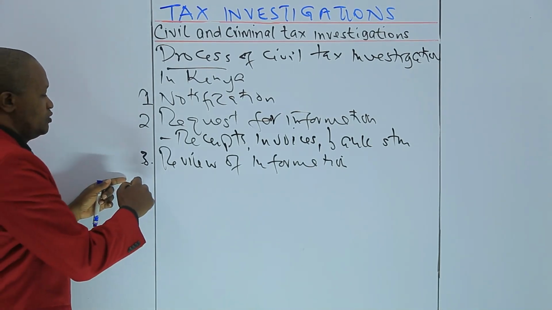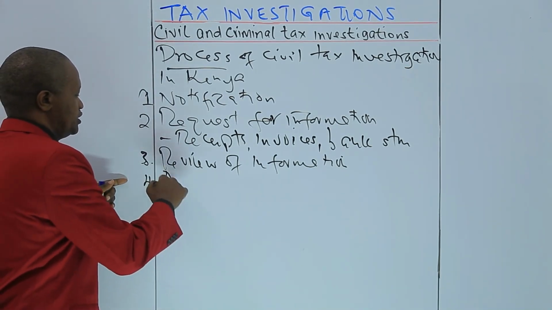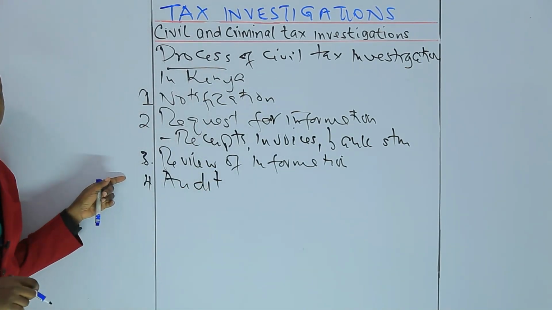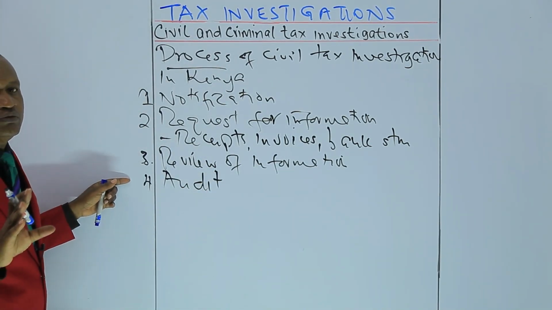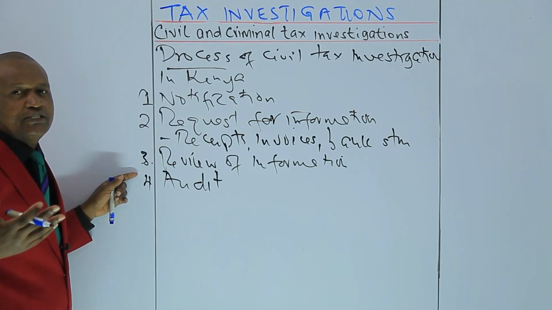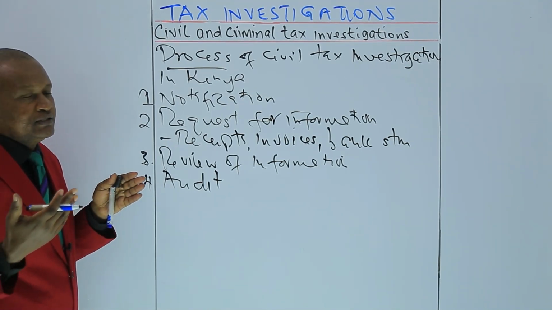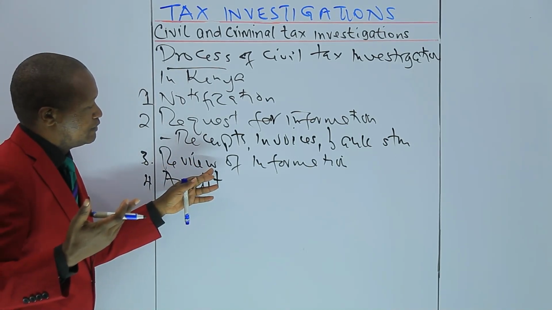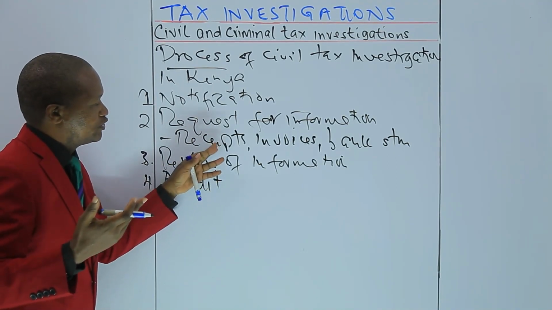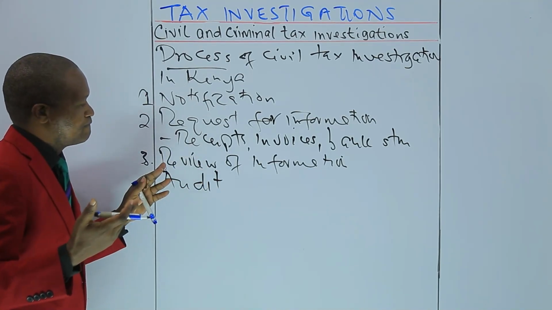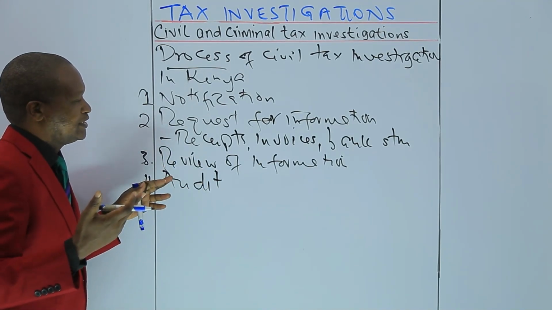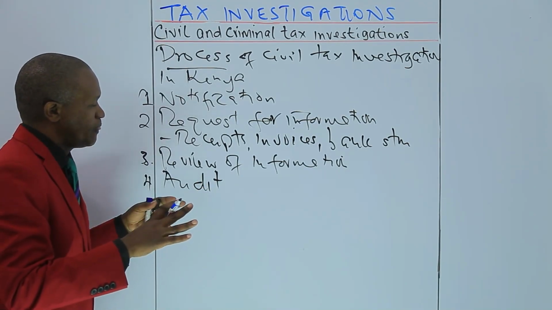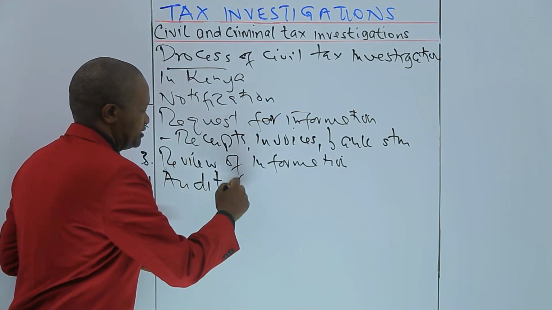Number 4, audit. Now, the findings from the examination of information received from the taxpayer can then be used to get what we call audit findings.